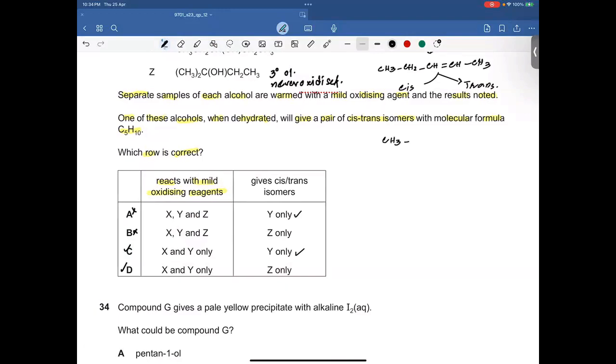This is CH3, this is C, this is OH, this is CH3, this is CH2, and this is CH3. I need to dehydrate this alcohol, and for that I need to remove OH from the carbon atom. Once you remove OH, that carbon is going to be positively charged.